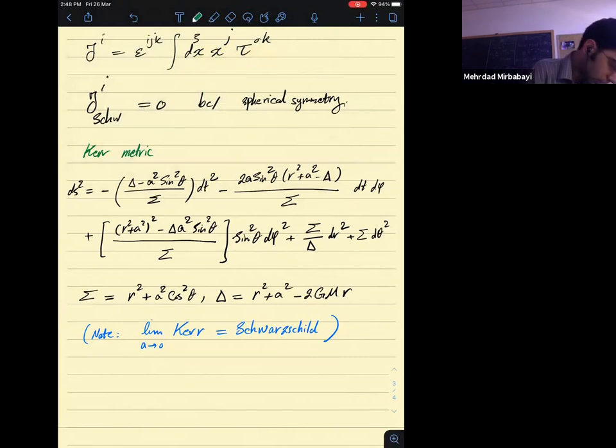Or in other words, it is stationary, which means that it has time translation symmetry, or a more fancy way of saying it is that it has a timelike Killing vector at infinity, which is d/dt, and then it is axially symmetric or axisymmetric.